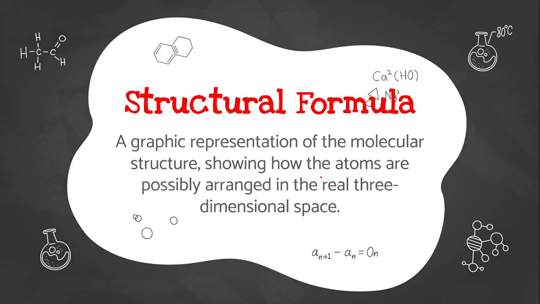While structural formula is a graphic representation of the molecular structure showing how the atoms are possibly arranged in the real three-dimensional space. Pero not necessarily na three-dimensional, pwedeng two-dimensional space lang. Kasi sa three-dimensional, may iba na tayong ginagamit yan, which is yung model. Okay, mamaya papakita ko sa inyo yung ball and stick model.